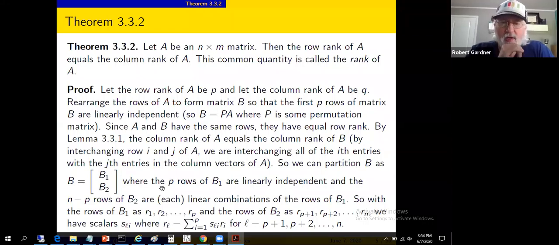So from the beginning we've taken matrix A and moved things around so we have linearly independent rows at the top, and we put all those linearly independent rows in submatrix B sub 1. What's the dimension of B sub 1? It has P rows. The number of columns is the same as the number of columns of A, so it's M. So matrix B1, for the record, is a P by M matrix.